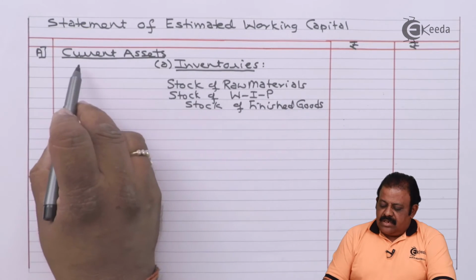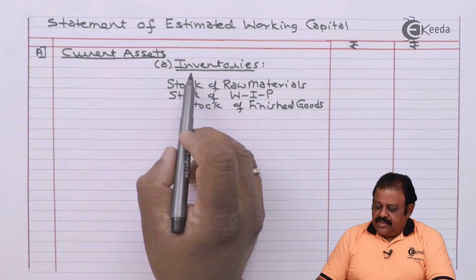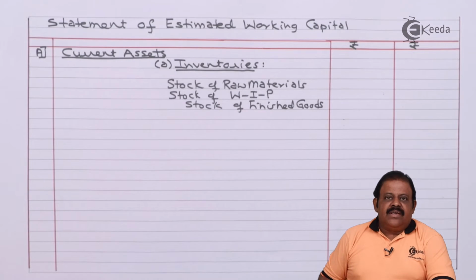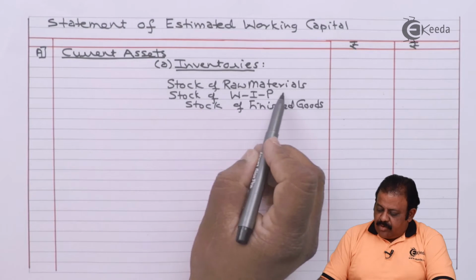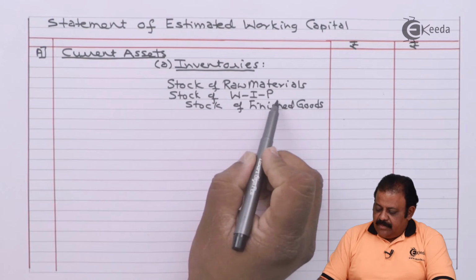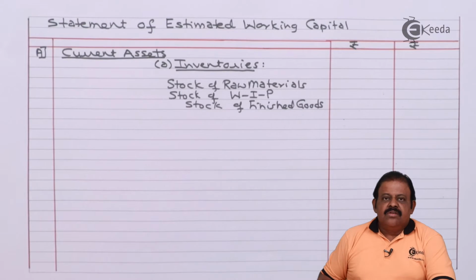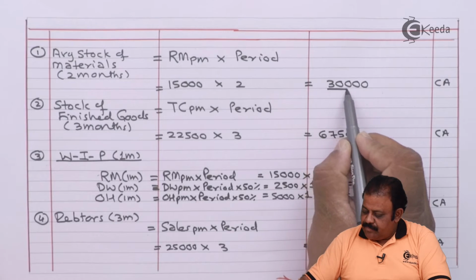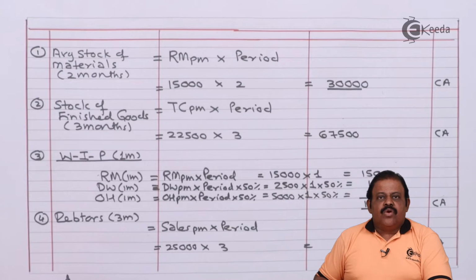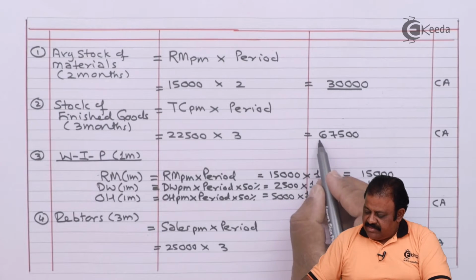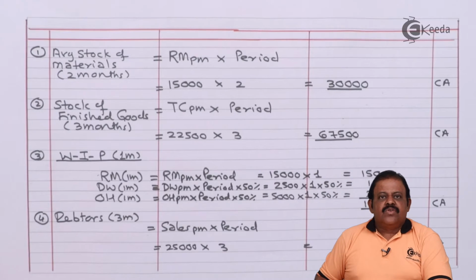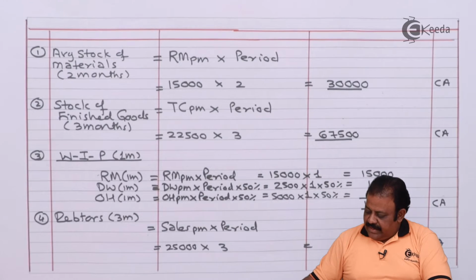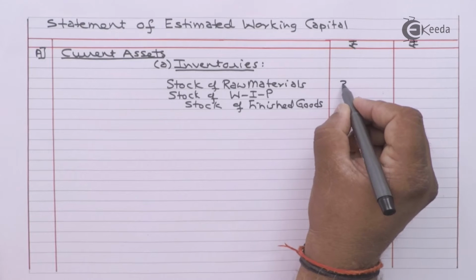It will start with current assets. First, inventories. We have three types of inventories: stock of raw material, stock of work in progress, stock of finished goods. We have already calculated the values while preparing working notes. Stock of materials 30,000, stock of finished goods 67,500, stock of work in progress 18,750.